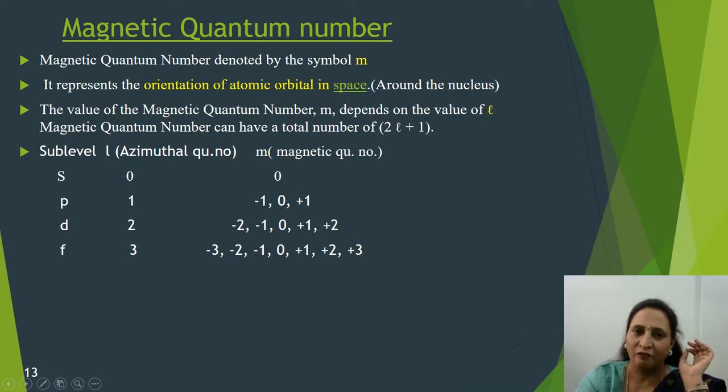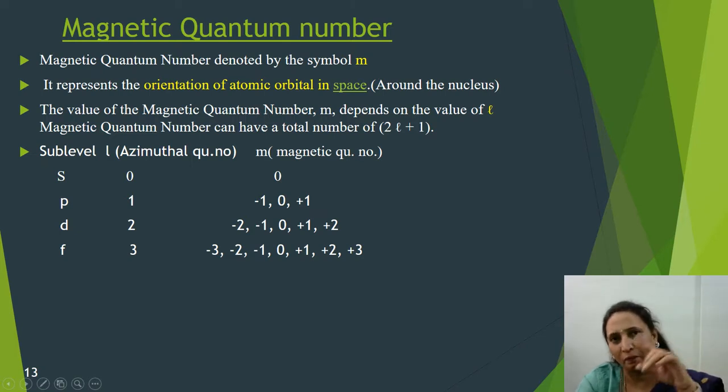The value of magnetic quantum number m depends upon the value of L, that is the azimuthal quantum number. It can be calculated by using the formula 2L plus 1, or m is equal to plus minus L value.